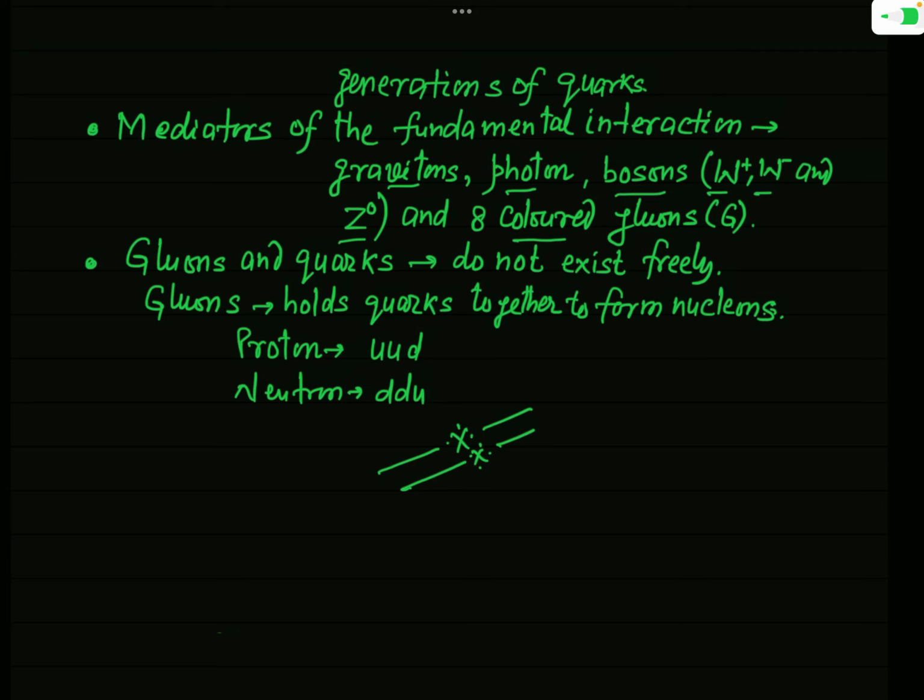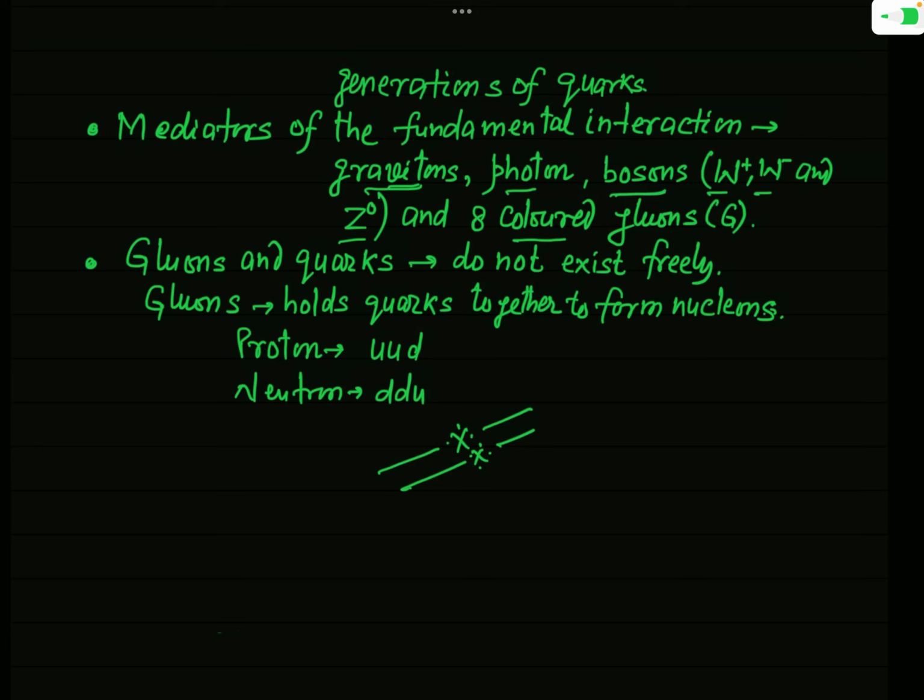You will see later on when we discuss the 4 fundamental interactions that these gravitons are the particles responsible for the gravitational interaction. Photon is the particle of the electromagnetic interaction, and these bosons are actually the mediating particles for the weak interactions.